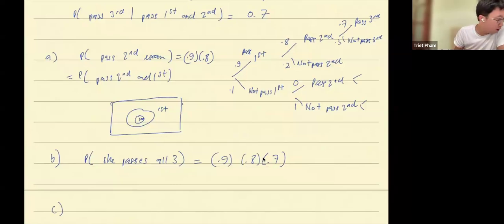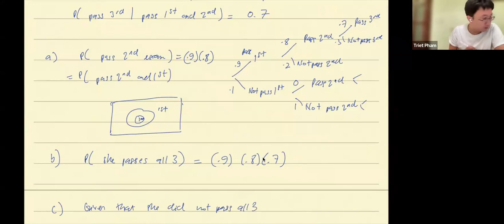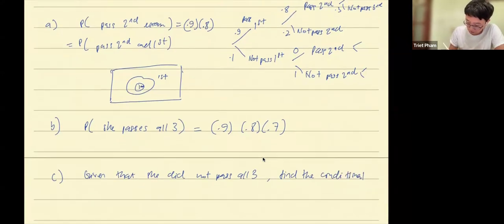So the third question says, given that she did not pass all 3 exams, find the conditional probability that she fails the second exam.